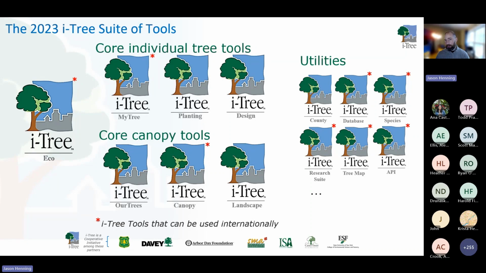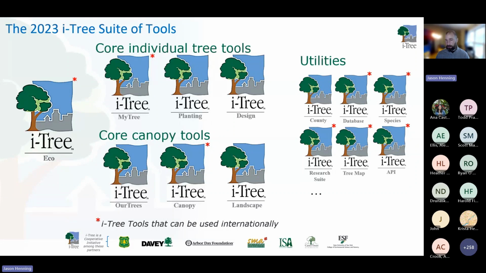And we have a few utilities. We didn't really talk about these a lot, but these are really useful, especially for folks like grad students or companies that want to incorporate iTree benefits into their own tools. So we have an API that allows folks to do that. We have our research suite, which is really where a lot of grad students are doing research that may eventually make it into the iTree tools.